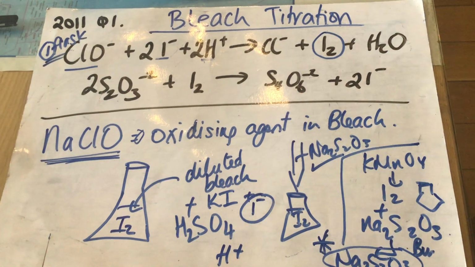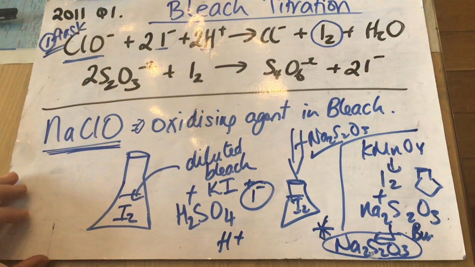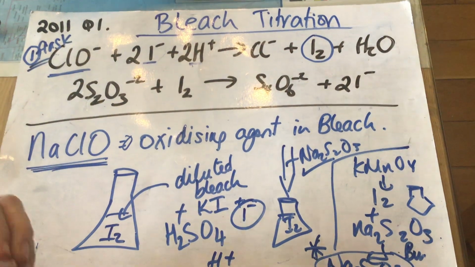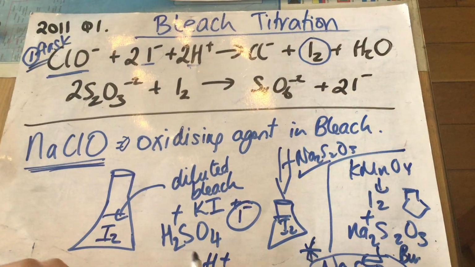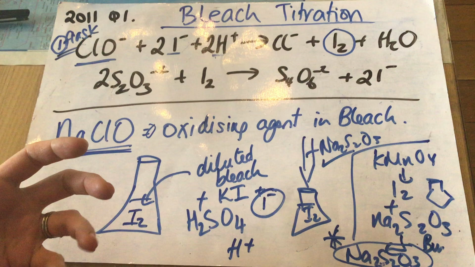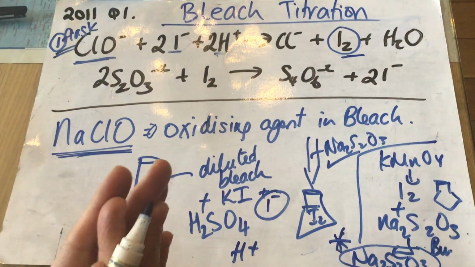Now, what's responsible for the concentration of iodine that's made in the flask? The concentration of the hypochlorite. And that's why we have to dilute the bleach. If you poured bleach straight from the Parazone bottle into the flask, or measured out 25 cubic centimetres of undiluted bleach straight from the bottle, then you would make way too much iodine because the bleach is too concentrated.